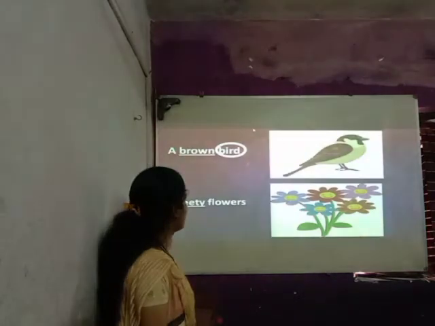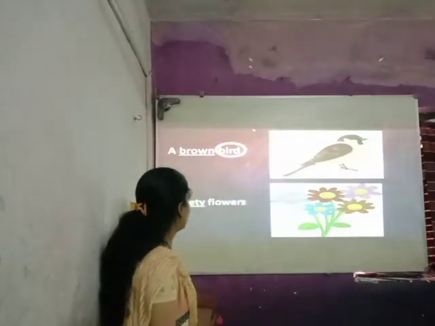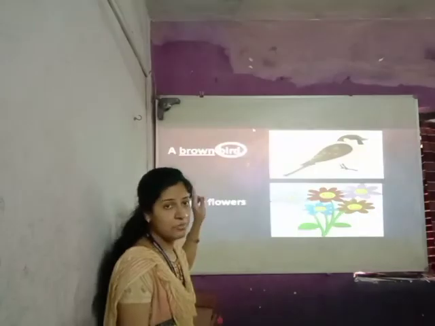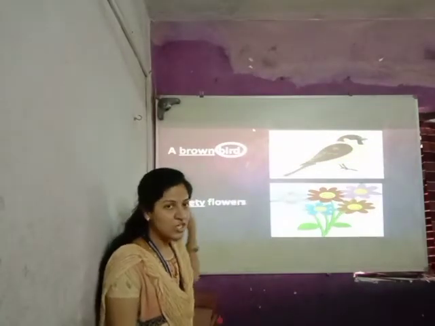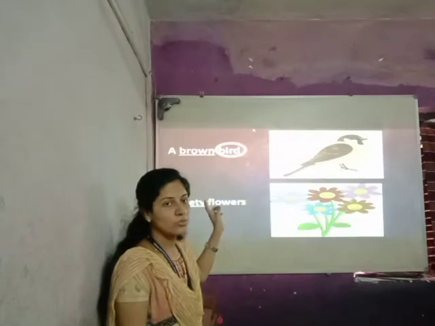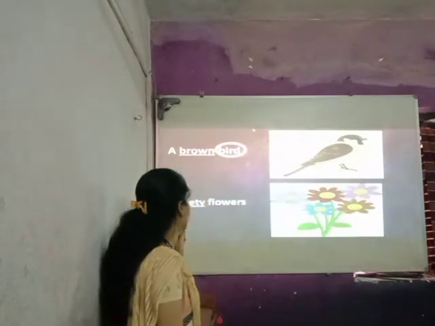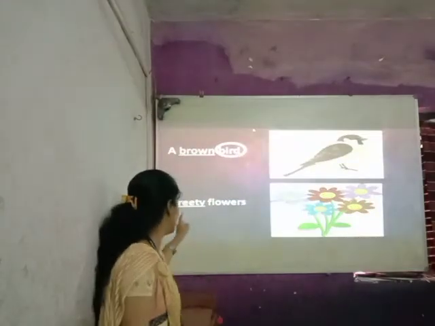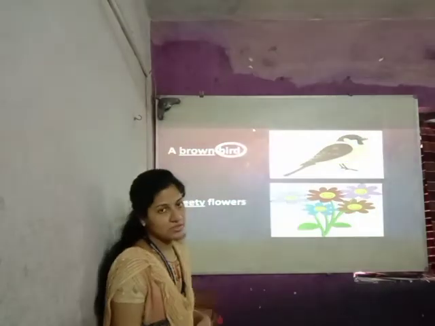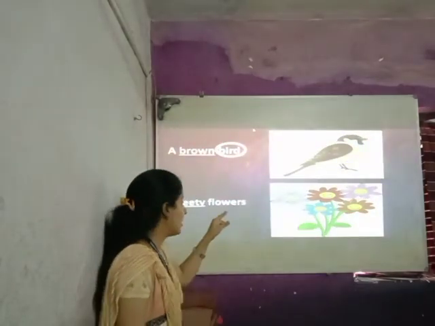So, here, a brown bird. We underline the describing word brown and we circle the word bird because brown describes the bird. So, bird is a naming word. Now, see the next one. There are flowers there. But see, pretty flowers. These flowers are pretty. How are these flowers?